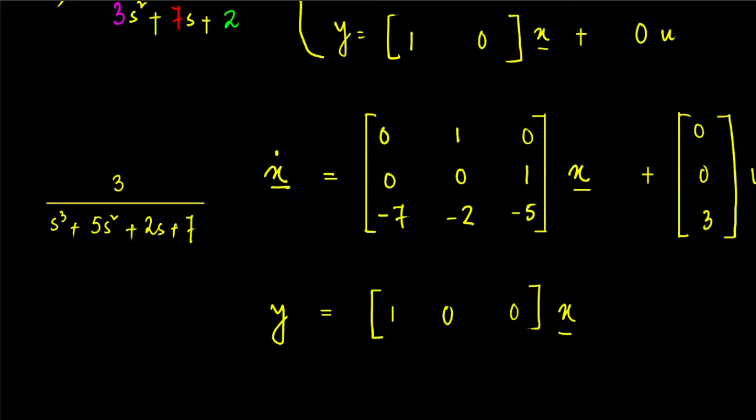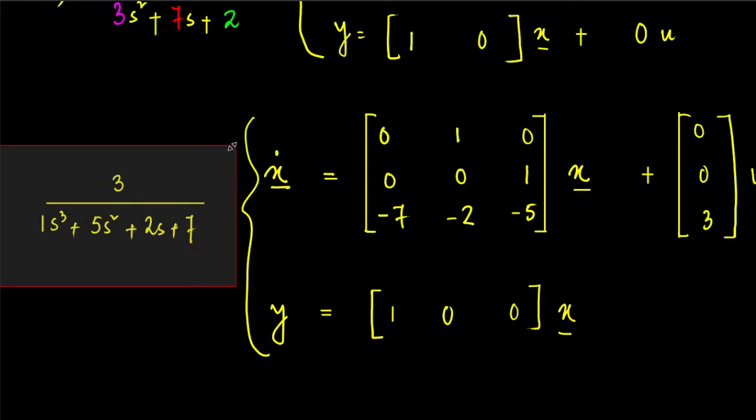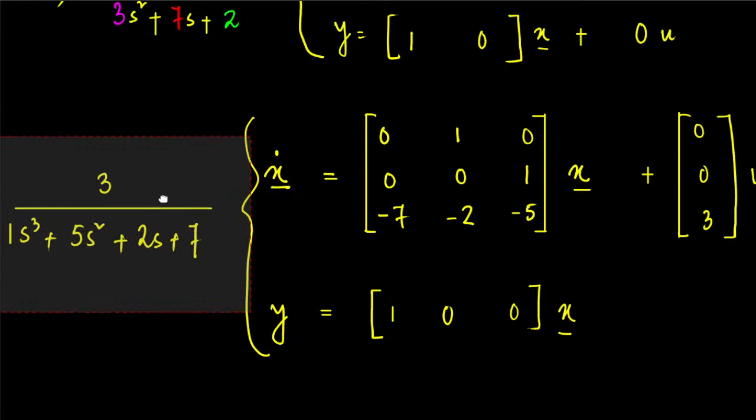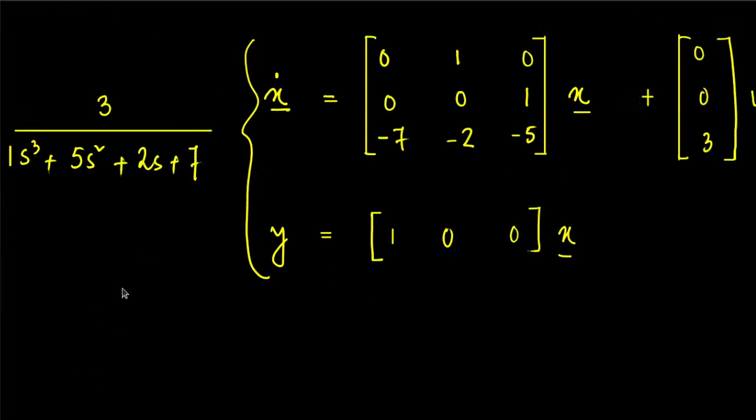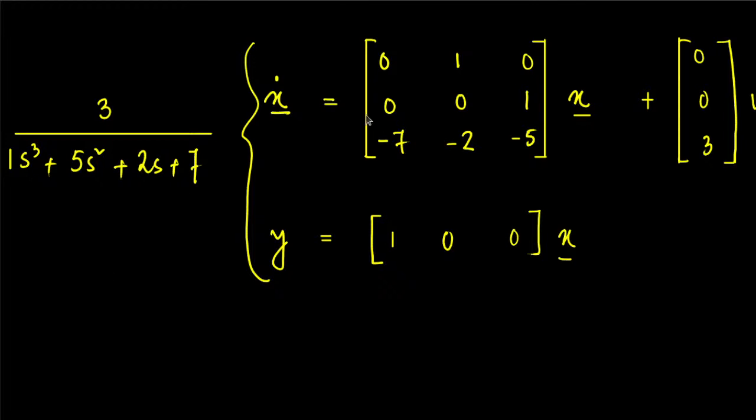Okay, so this is the state space model, and this was the transfer function. So here we had a 1 here. Now let me make sure that you see this properly.